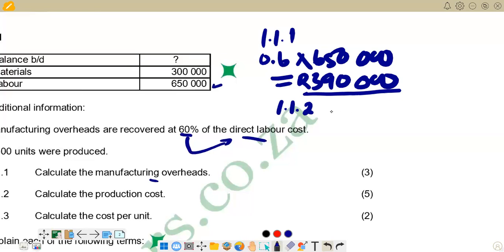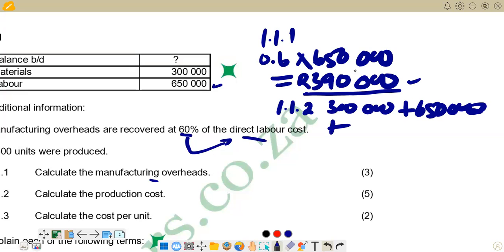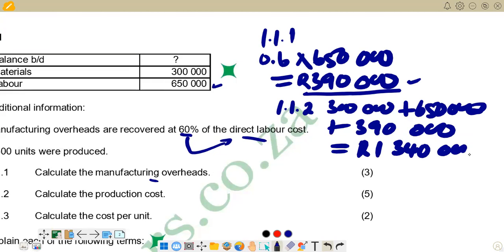We are saying 300,000, then we add our 650,000 here. And then finally we add this figure that we've calculated on the first part, that is 390,000. If you add that, the figure that you are supposed to get is 1,340,000. So that is the figure that we have on the second part.